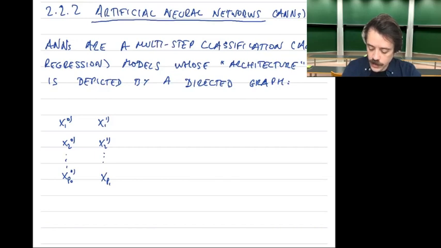So these, even though I'm aligning them, they may not have the same size.